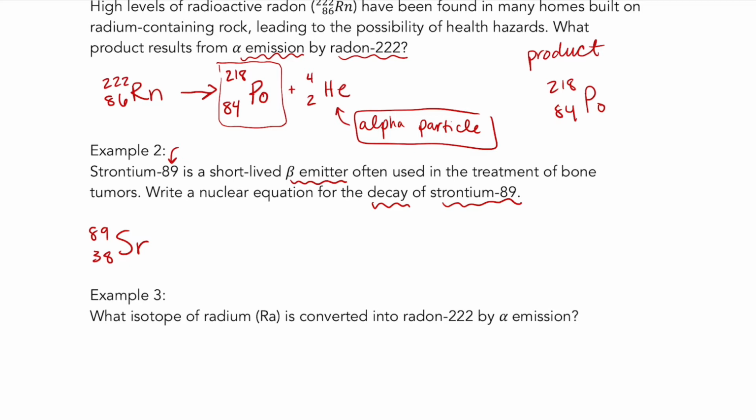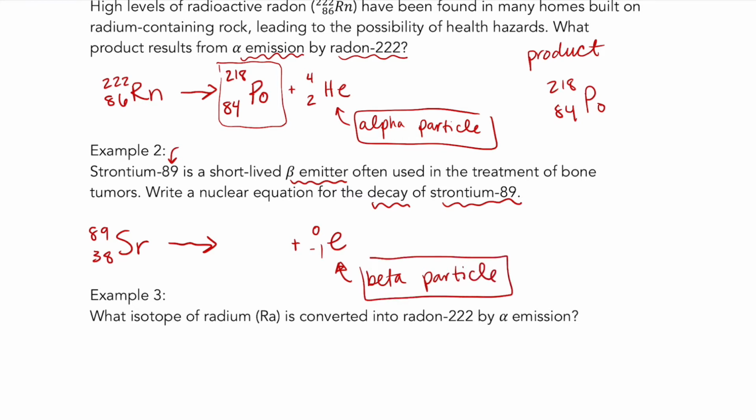So I'm going to put that in as the atomic number here. Strontium-89 is a beta emitter, and we want to write the equation for that decay. So beta emitter means I have the electron, or the beta particle, as a product. You don't have to write that in, but just to be clear, the beta particle. And so now we figure out what is the other element that's produced.